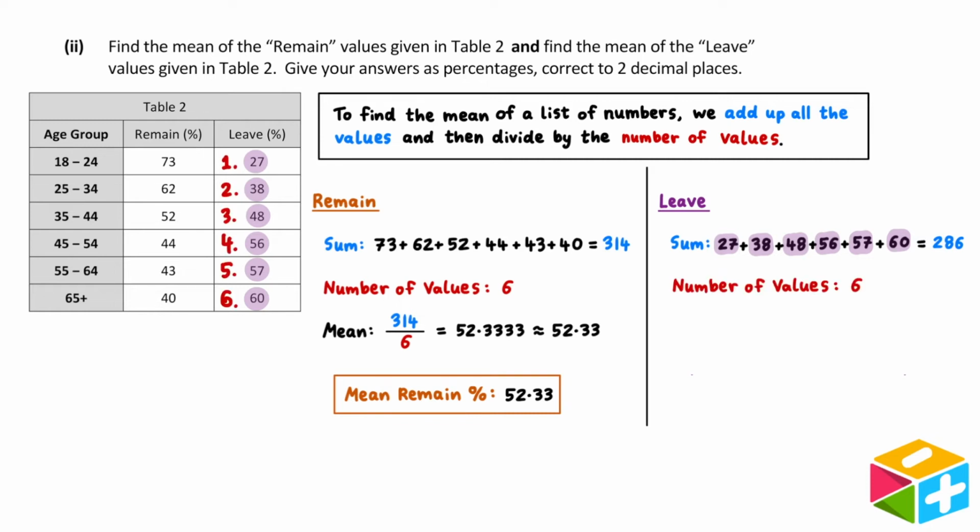If we count up the number of values, we see that we have 6 values on our list. To find our mean, we divide the sum, 286, by the number of values, 6.